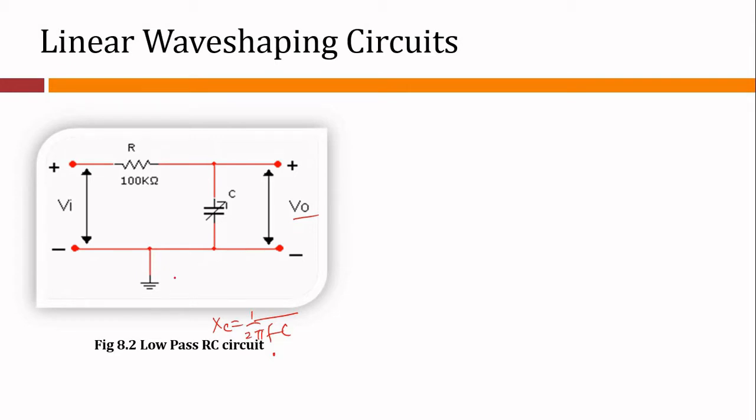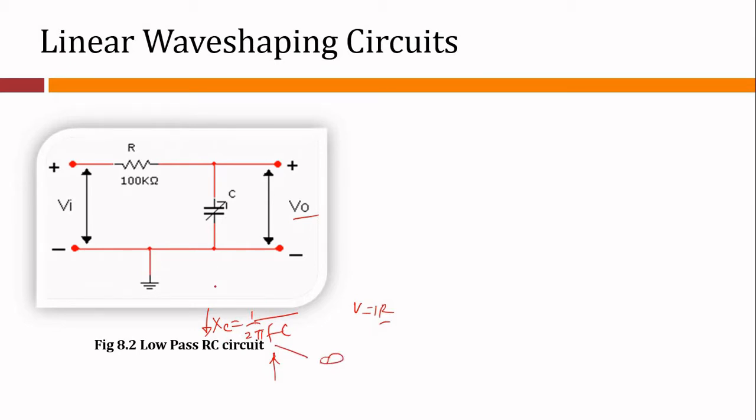However, as I keep on increasing the frequency, the capacitive reactance decreases, and so the output voltage will decrease, because the output voltage V equals I into R, so it is directly proportional to the value of resistance R. At infinite frequency, the capacitive reactance of the circuit becomes 0. If I take F equals infinite, 1 by infinity is 0.